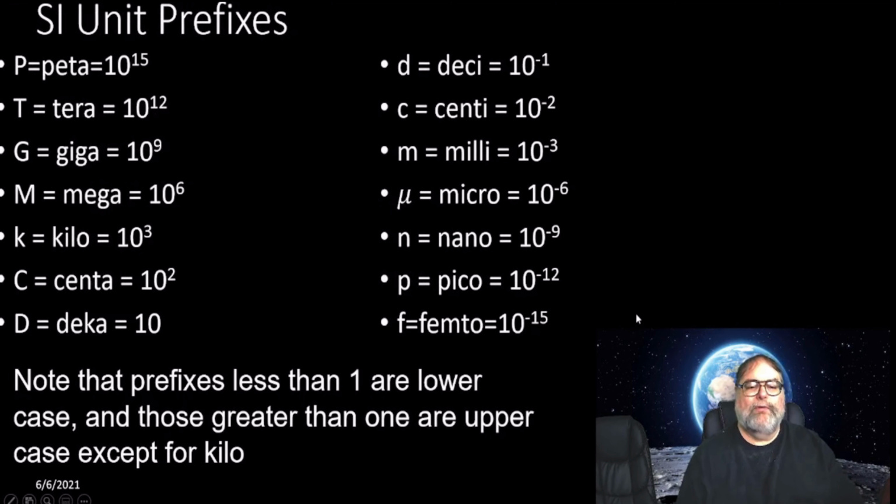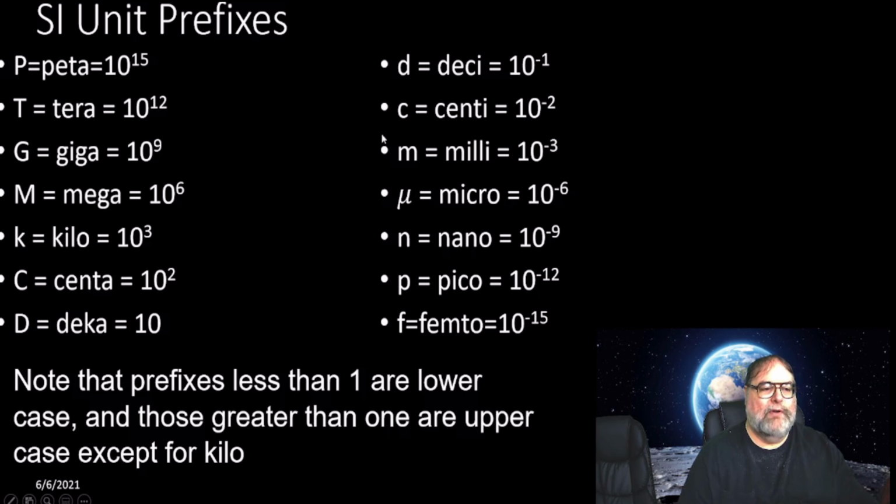Also involved with the SI units are the SI prefixes, which are different from the prefixes that are used in computer science. In computer science, they're related to factors of 2. The SI prefixes are in terms of powers of 10. The other thing you might notice, with the exception of the k over here, for various reasons, all the prefixes that are greater than 1 have capital letters except for the k.